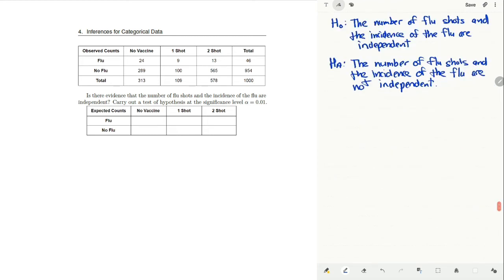So now let's check the assumptions and conditions. We have the counted data condition. The data that we have are in counts, so this condition is satisfied. We have independence.